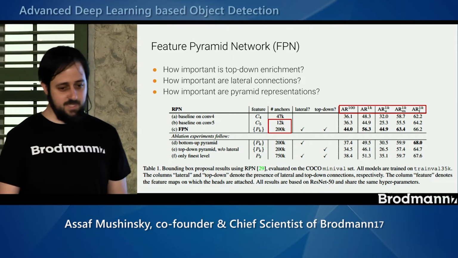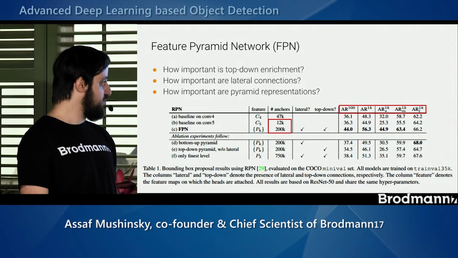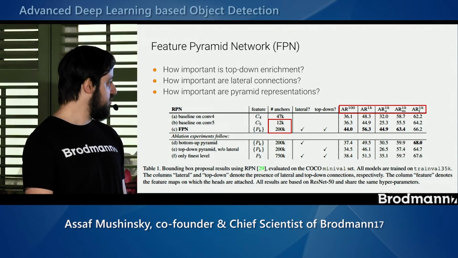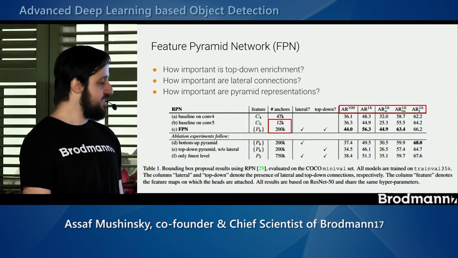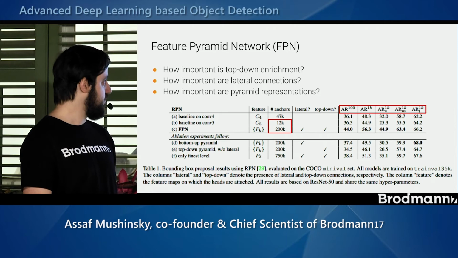So how beneficial is each part of the algorithm? Basically, we can compare the top-down pyramid, just the bottom-up, or not using the lateral connections, or only taking the finest level, and we can see that each of those steps is very important and improves accuracy a lot.